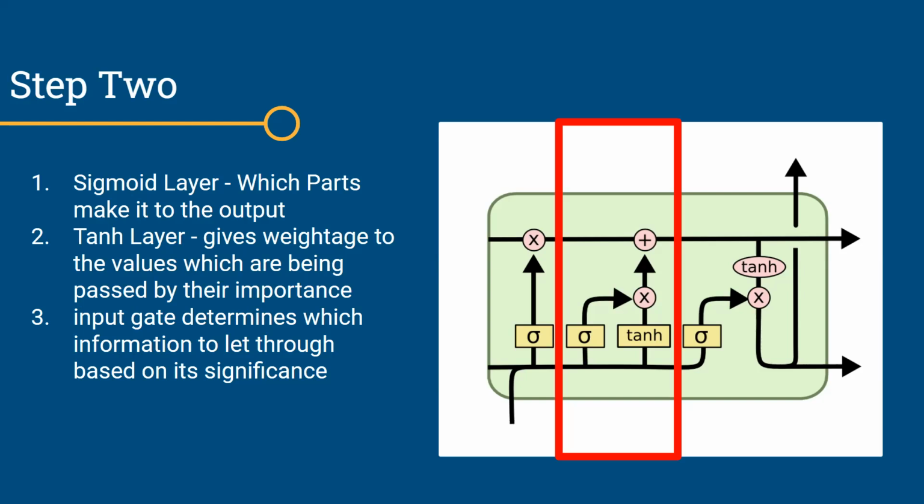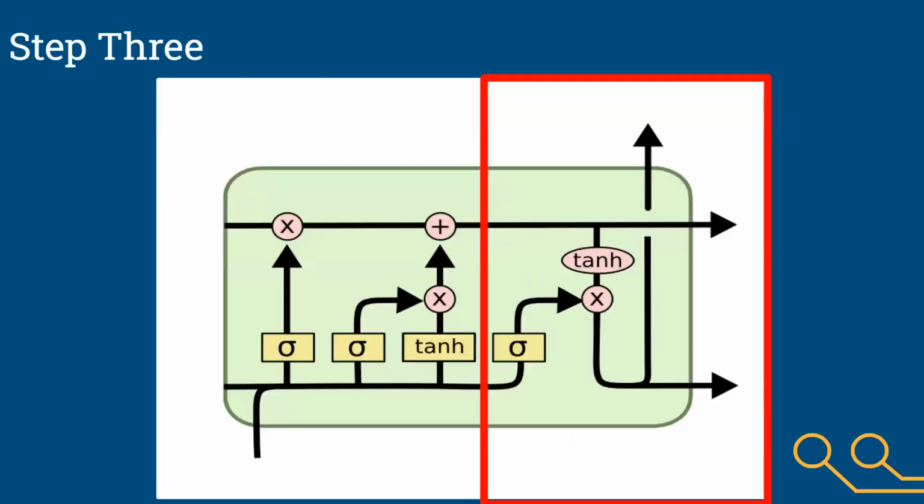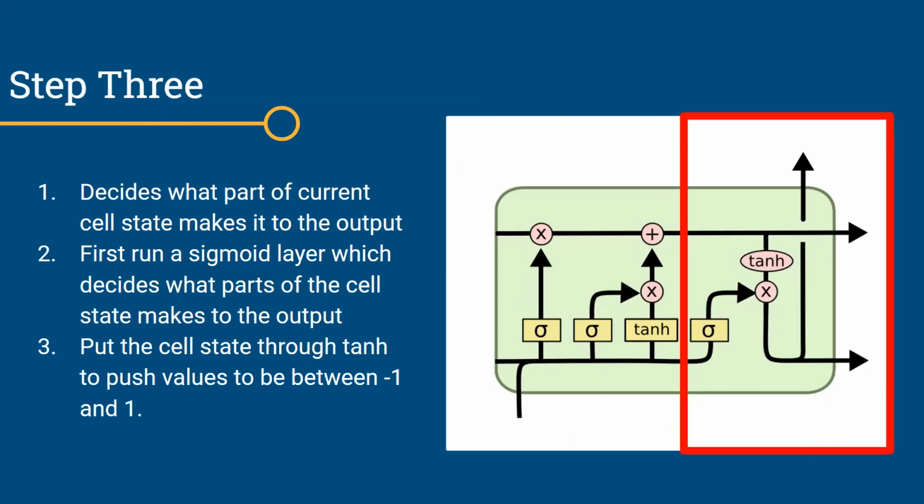Yeah, okay, confusing. A diagram with additional labels would help, but for our purposes, step 3 is the end where we actually make our predictions. So what we first do is decide what part of our current cell state makes it to the output, which is, I think, done here. No, that's output there. So we take, again, a sigmoid layer to decide what part of the cell state makes it to the output, very redundant.